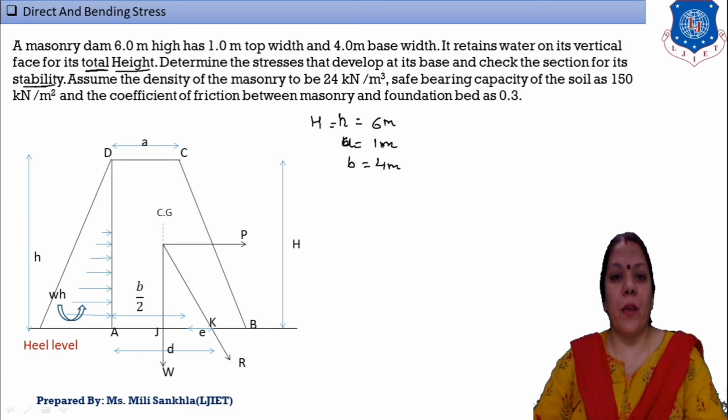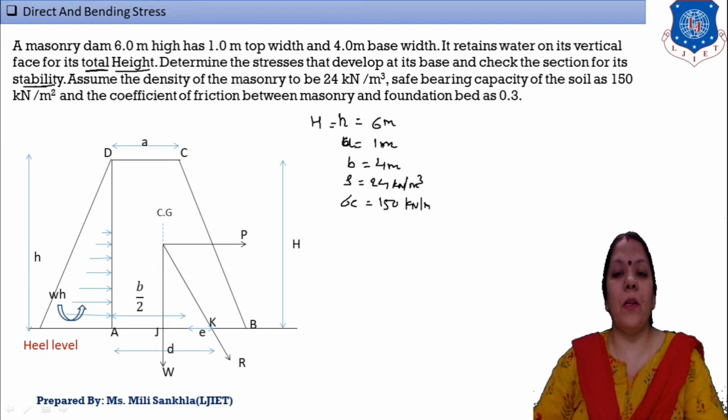Determine the stresses. Density of masonry rho is given 24 kilonewton per meter cube, and bearing capacity of soil, sigma C, is given 150 kilonewton per meter square.